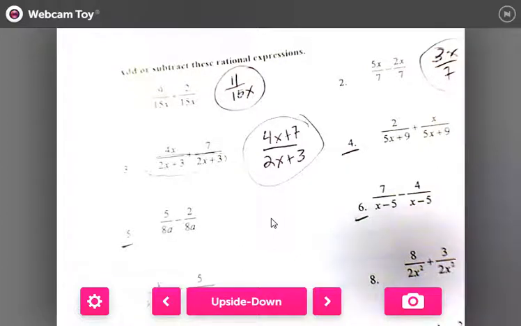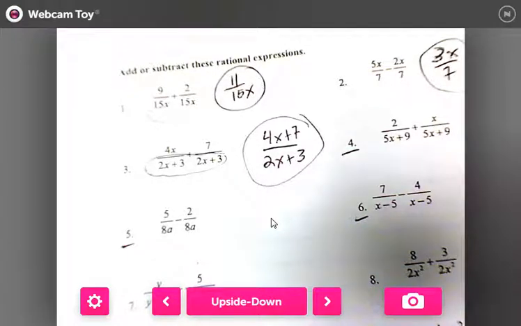Write them down if you already got the answer. Try those first. Okay.